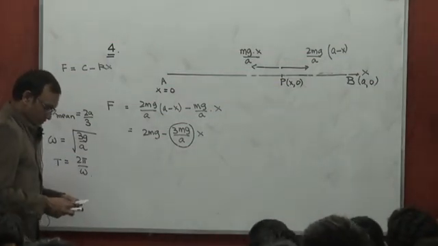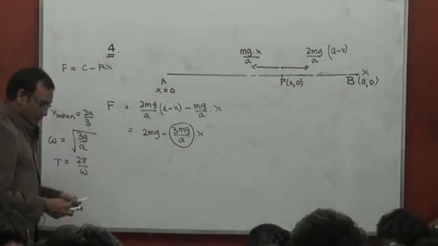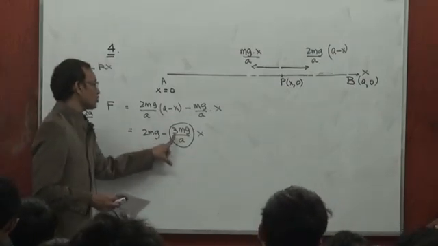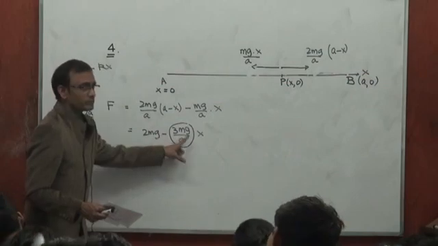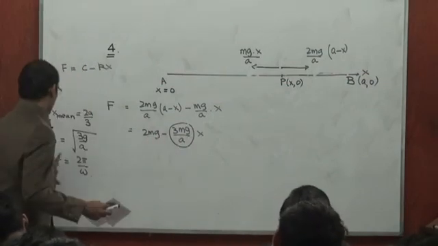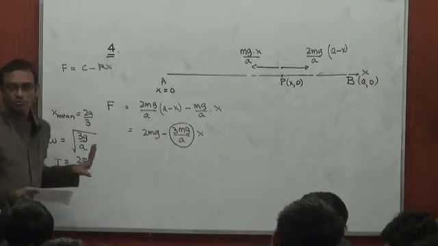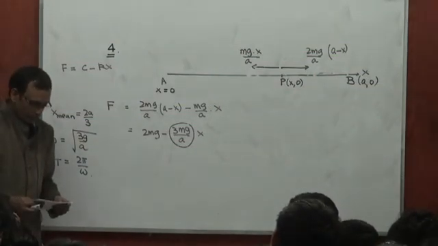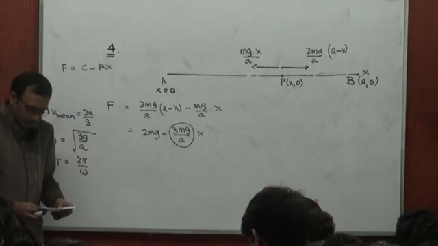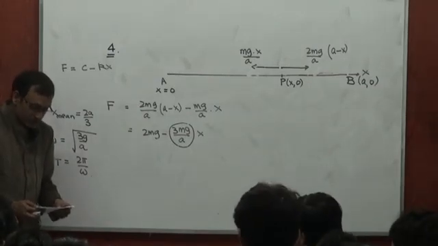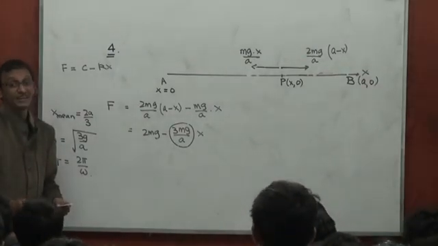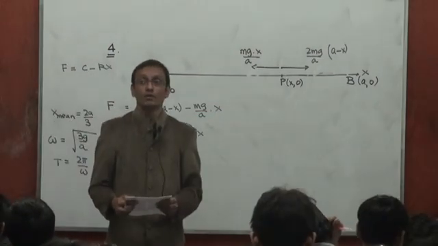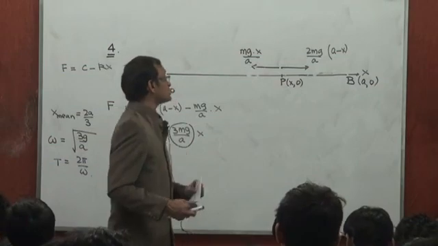Now, it's also given that the particle, so we've already demonstrated that the motion is simple harmonic, because this is the force characteristic and this is the time period of motion, omega of motion, etc. Now, the particle is released from rest at the midpoint of AB.